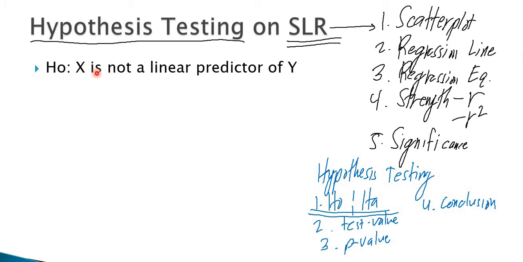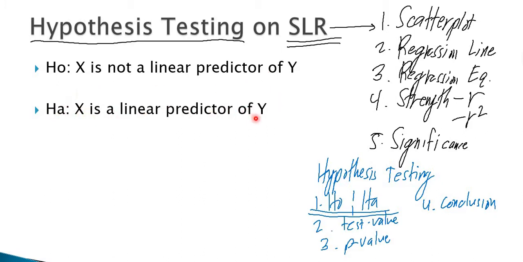Null hypothesis: X is not a linear predictor of Y, or the alternative, X is a linear predictor of Y. Now, just to clarify, we said that correlation R does not cause causation, but that does not mean that X cannot be a predictor of Y anymore.